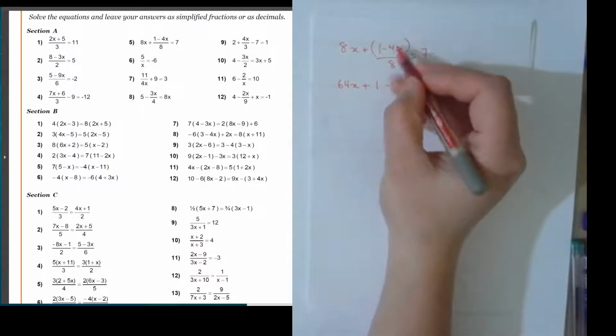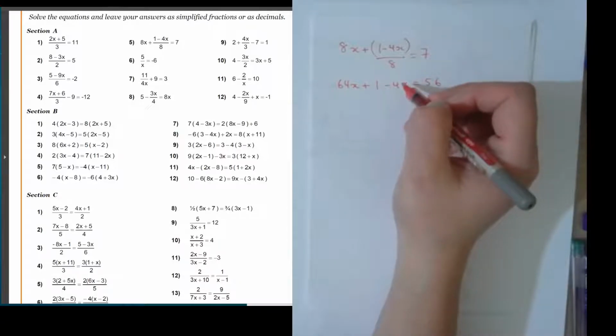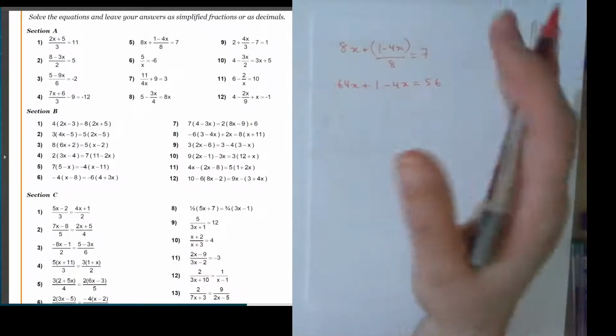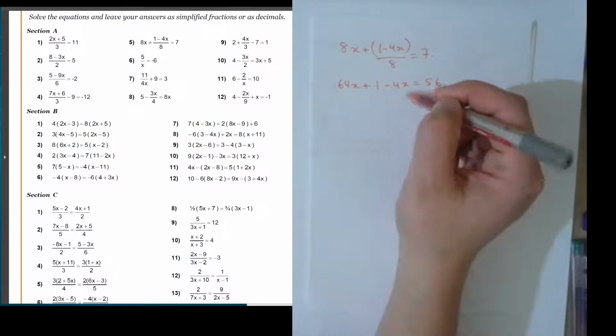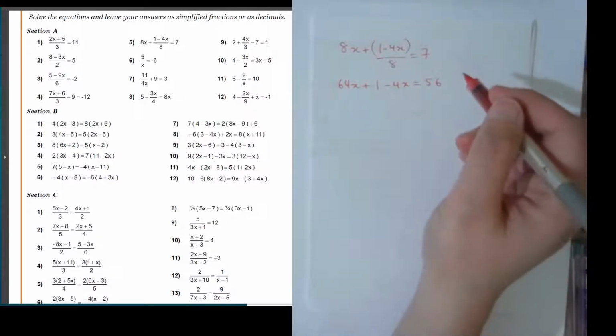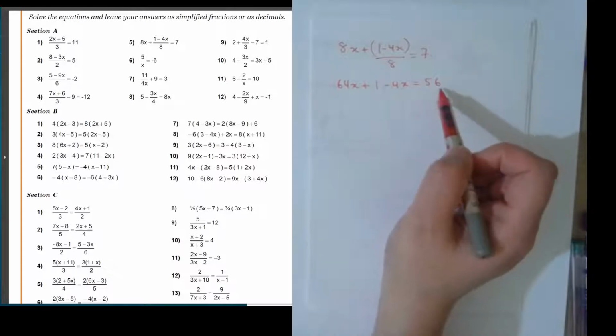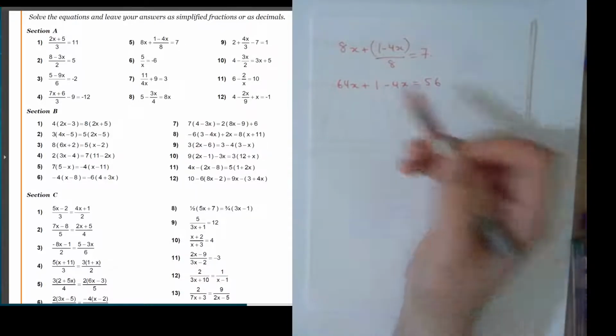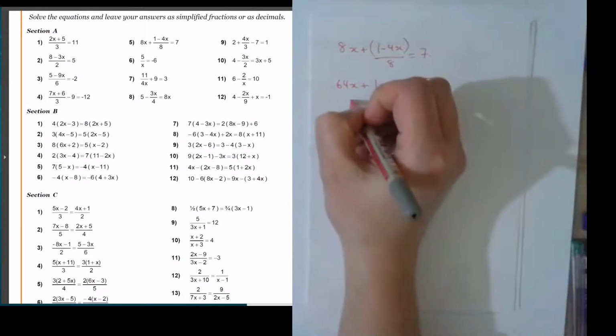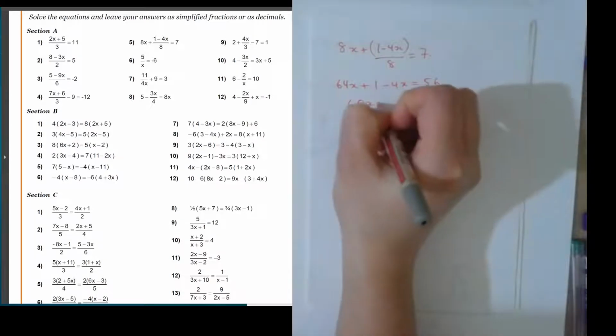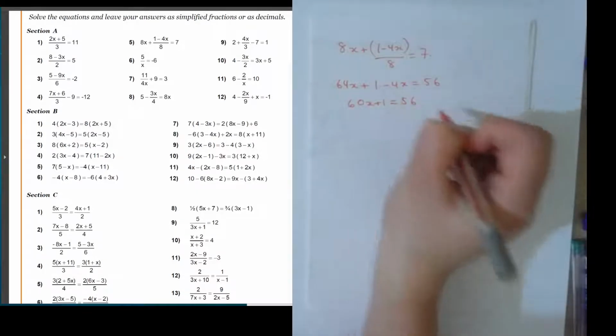So this just comes straight down because I've multiplied it by 8, so it's no longer an eighth, it's just a whole. So I don't need to say that over 1 anymore. This then becomes 64x, and this becomes 56. So now I'm just going to collect everything. So I've got 60x plus 1 equals 56.